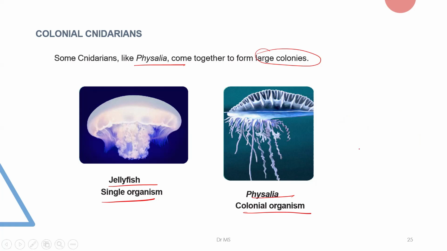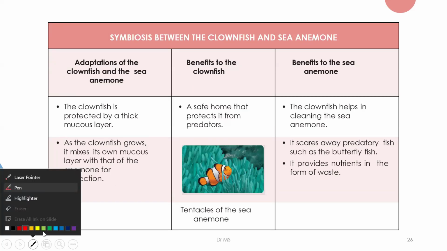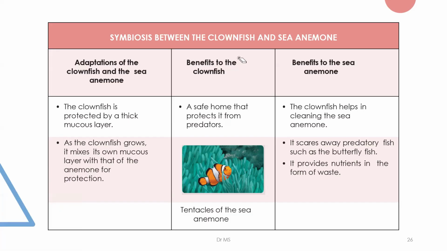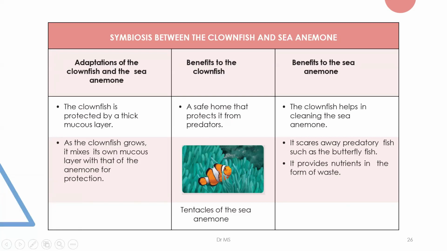And let's see the symbiotic relationship between the clownfish and sea anemone. I told you, there's a sea anemone and the clownfish will show the symbiotic relationship. Just know this, it is not very important. First, the adaptation of the clownfish and the sea anemone, benefits to the clownfish, benefits to the sea anemone.